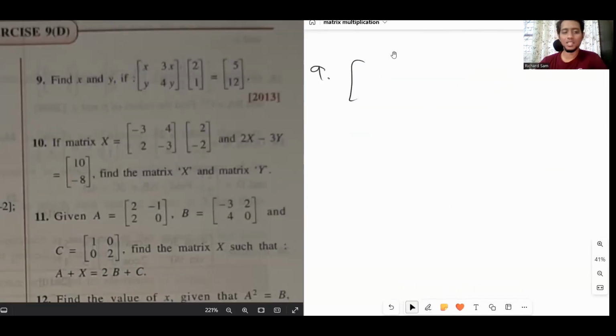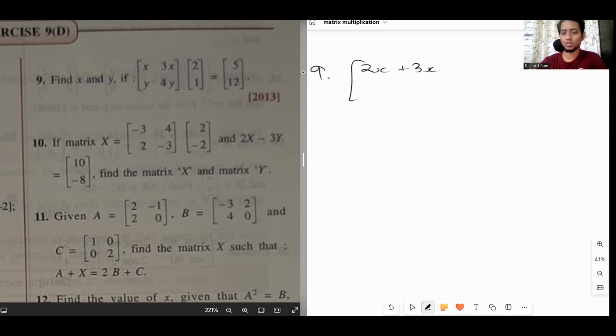Okay, so those of you didn't get the ninth, first row into first column. That's x into 2, 2x, plus 3x into 1, 3x. This is your first term. Next term, see there's no second column here. So now we're going to second row into first column. For that we'll get this lower value.